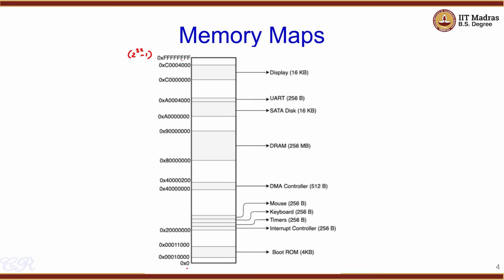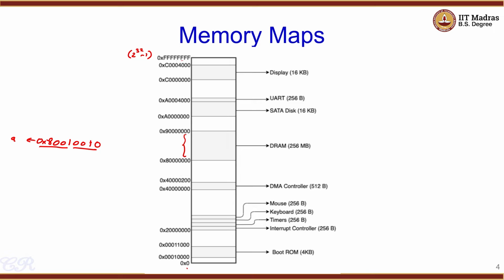So for example, if the CPU puts on the address bus, or the address lines, the value 0x8001, right, it is essentially directed to the DRAM because this address lies within the range of the DRAM, right.